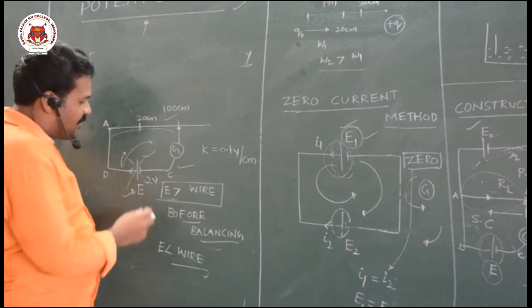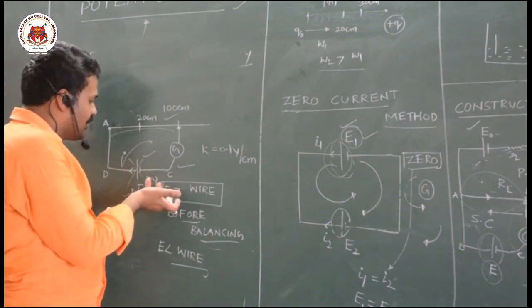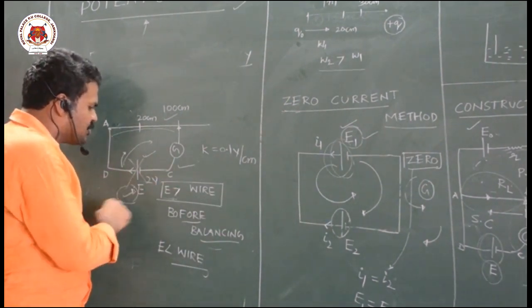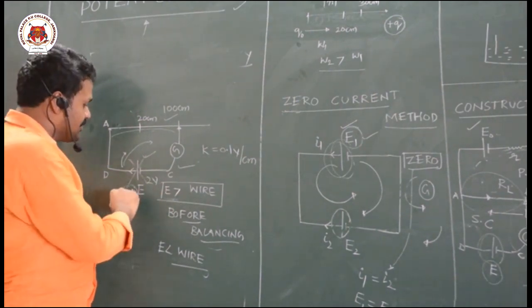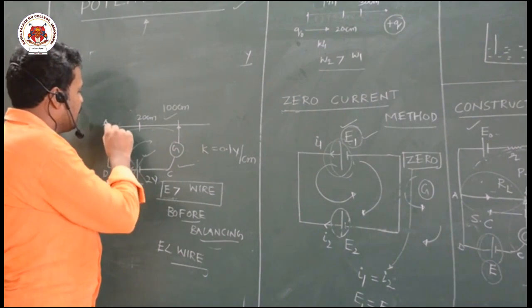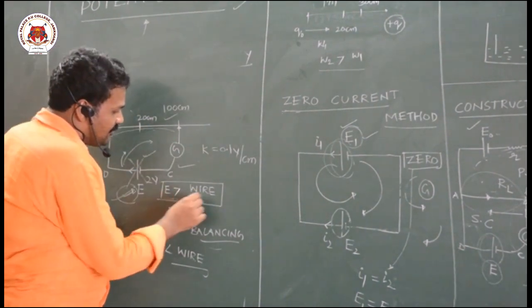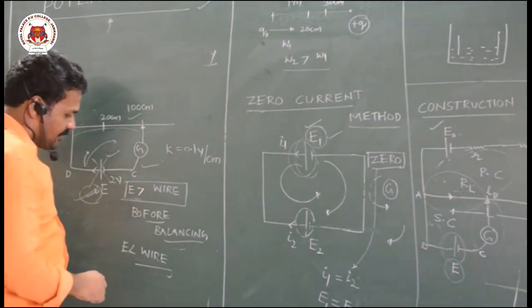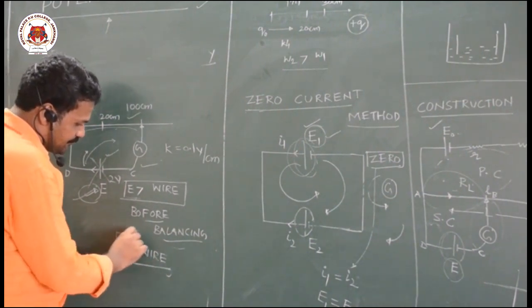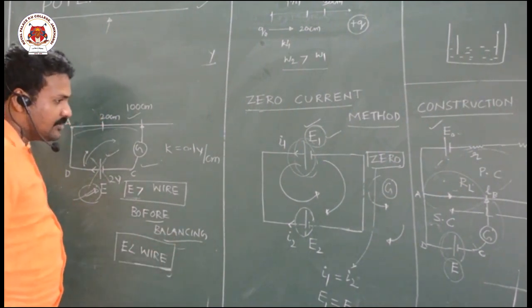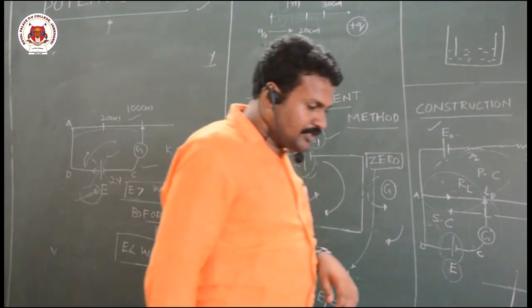Before the balancing point, it is going to discharge the current. For that reason, the EMF of the cell will be greater than the EMF of the wire. Then the EMF is less than the wire. This is the condition. This is the theory regarding the potentiometer.